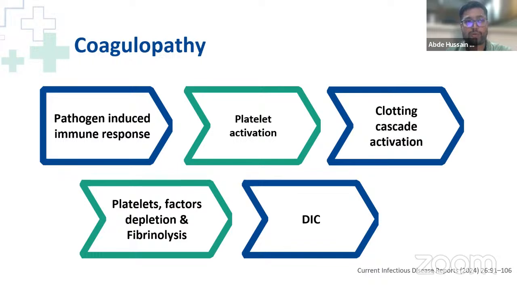Because of these microthrombi, fibrinolysis is also initiated. The fibrinolysis starts and leads to the consumption of platelets and clotting factors. Subsequently, we have a condition termed DIC, where both procoagulation and anticoagulation mechanisms are working together. So in these patients, there is a risk of both bleeding and DVT.